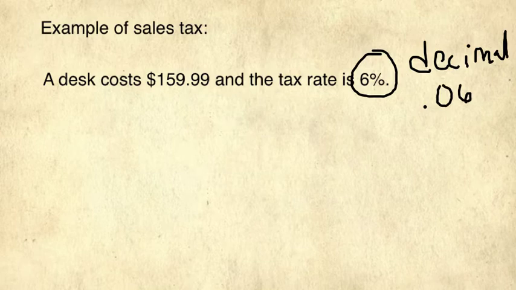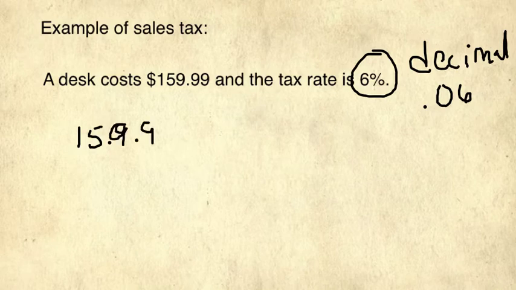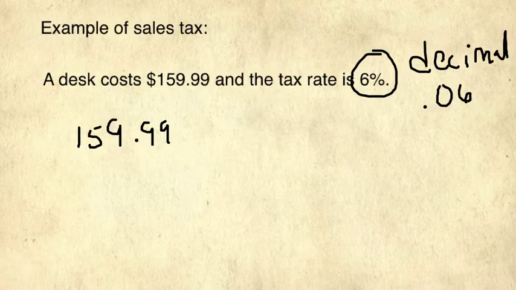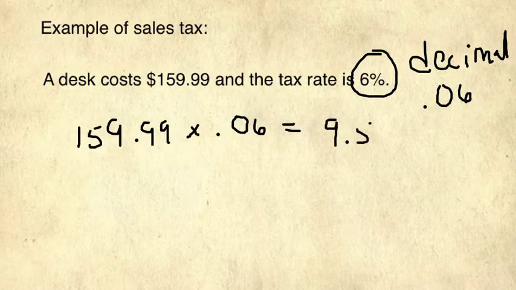So now I'm going to take my 159.99, sorry, let me erase that. Okay, and then we're going to multiply that by 0.06. So use your calculators. Don't round anything until we see what the numbers are. Okay, so on my calculator I have 9.5994.